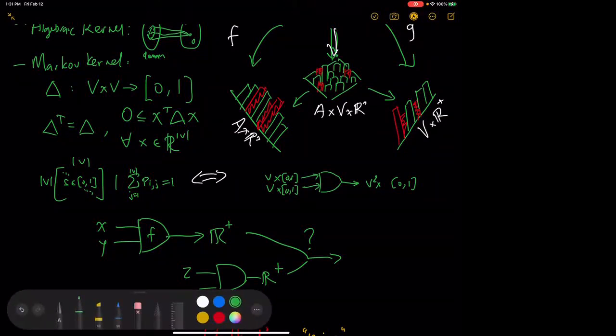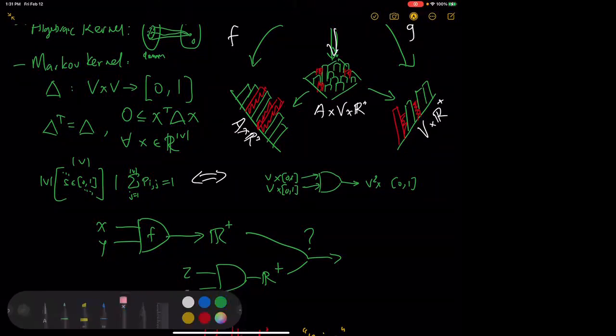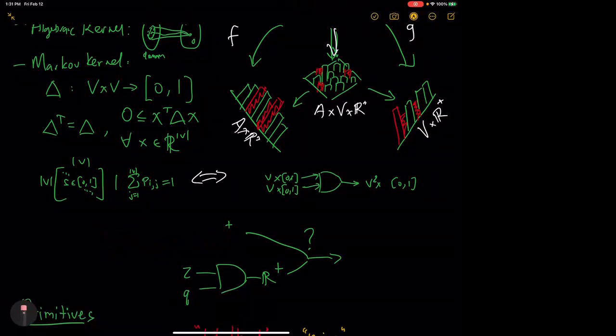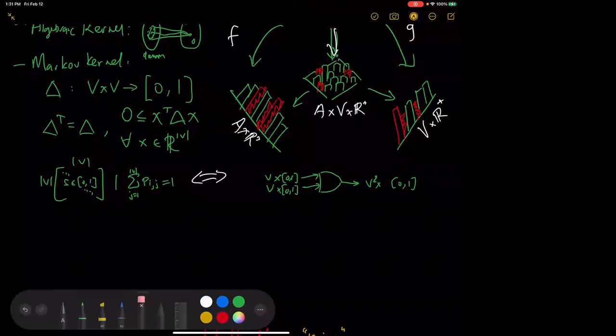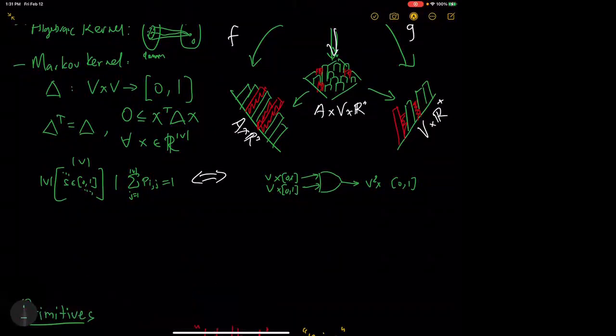So it turns out that you have to carry the input space forward. You have to carry the dimensions of this measurable space.